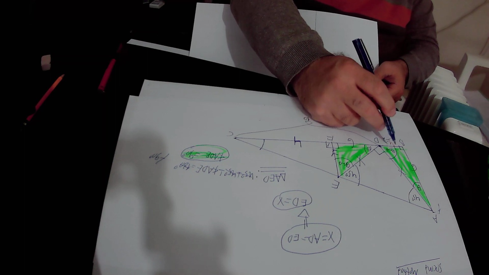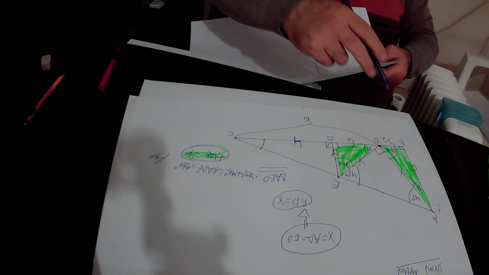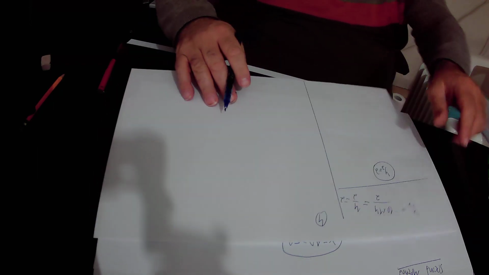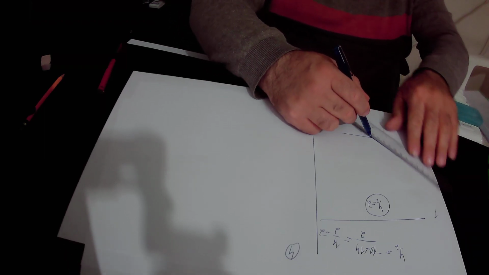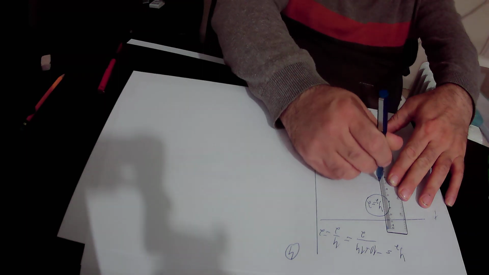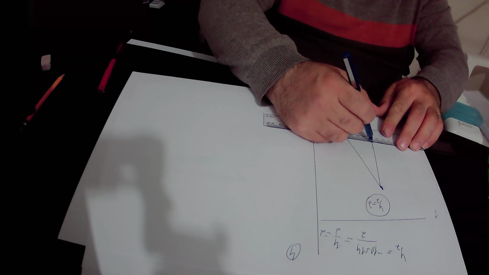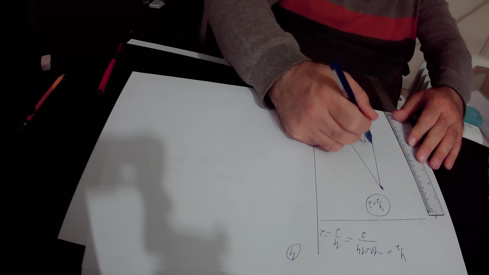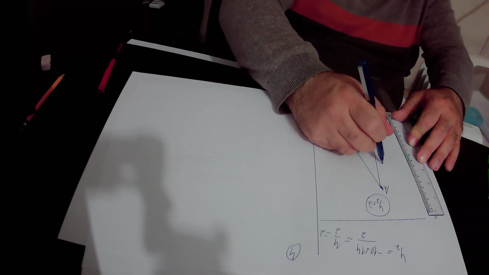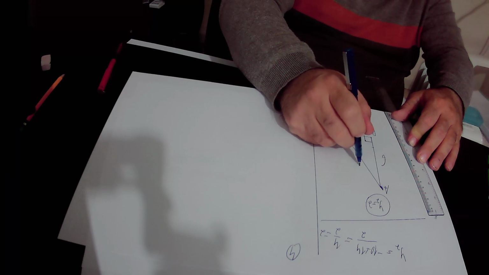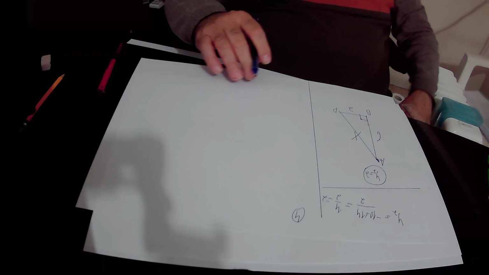So I will copy the right triangle ABD in this new page, and we will apply the Pythagoras theorem on the right triangle ABD. According to the Pythagoras theorem, the square of the hypotenuse equals the sum of the squares of the perpendiculars.